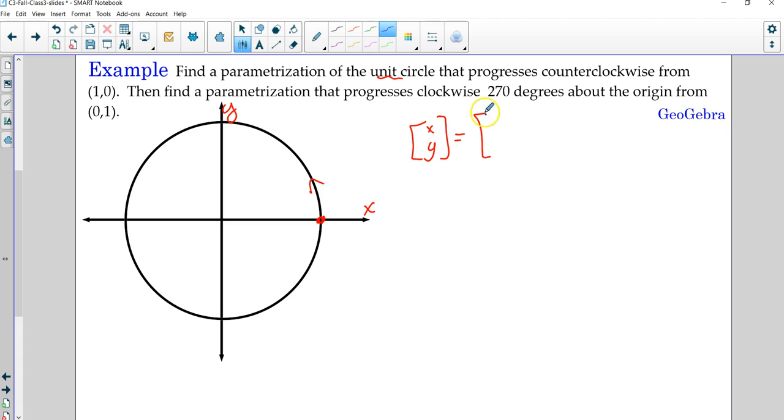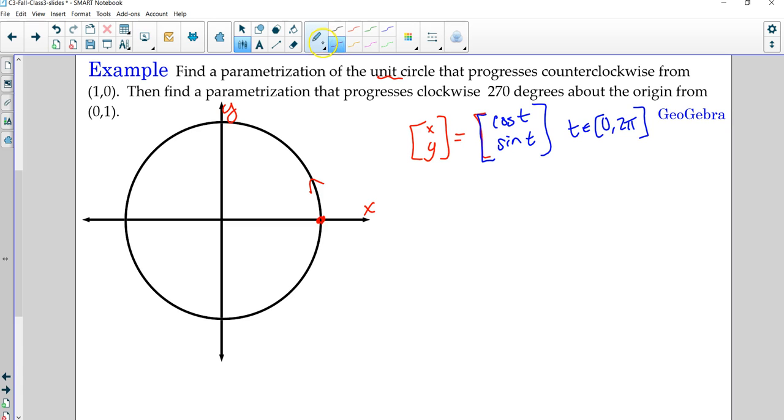So the parametrization that we can use here is cosine of t, sine of t, where t is in the interval 0 to 2 pi. And we're not extremely picky about inclusive or exclusive here. As I progress t, it'll go around the unit circle counterclockwise.